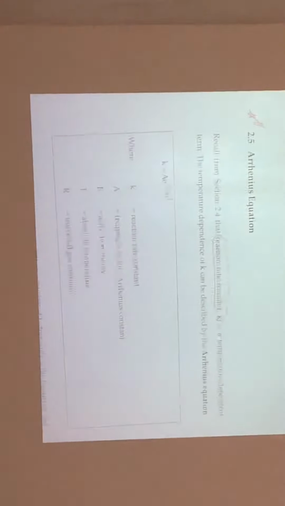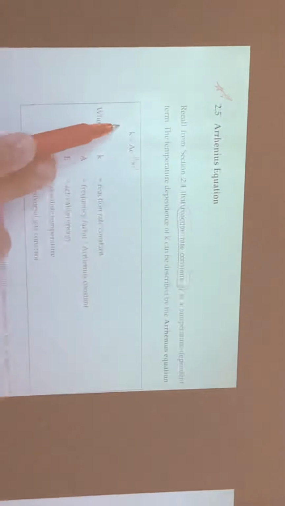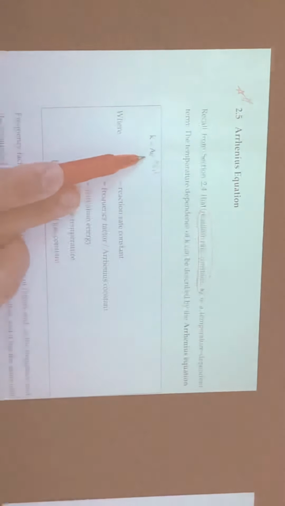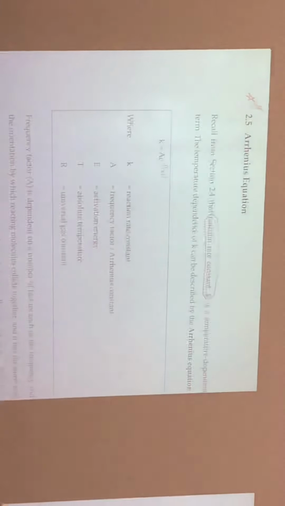And this Arrhenius equation is k equal to A times e to the power of minus Ea over RT. As you know, k is the reaction rate constant.